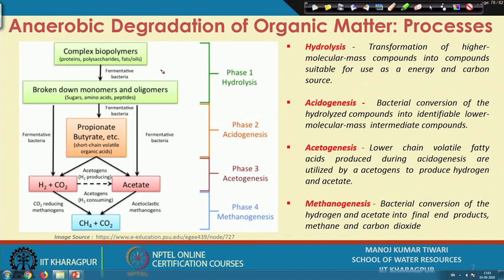A fermentative group of bacteria is involved in this hydrolysis process, which is essentially the transformation of higher molecular mass compounds into compounds suitable for use as an energy and carbon source. That is the major objective of hydrolysis.